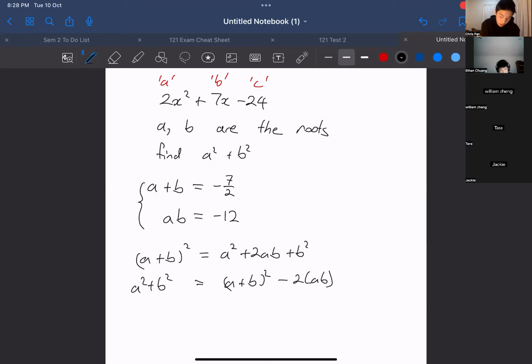And we know the value of a plus b, and we know the value of ab. So this is negative 7 over 2 squared minus 2 times negative 12, which gives, I'm just going to use a calculator and cheat here.